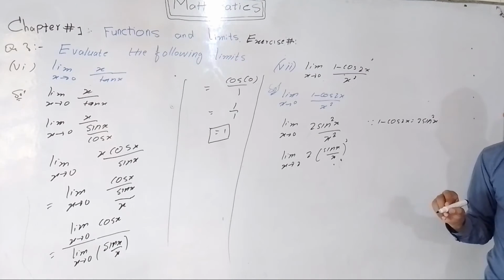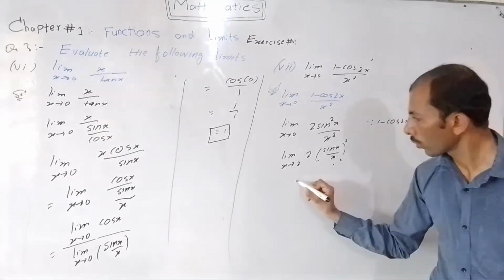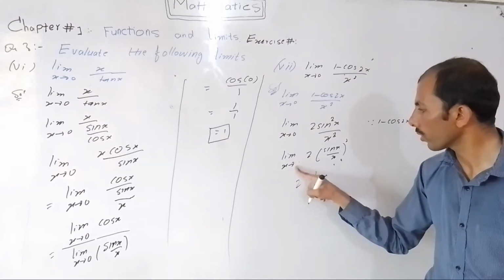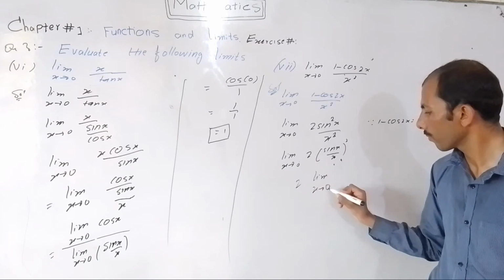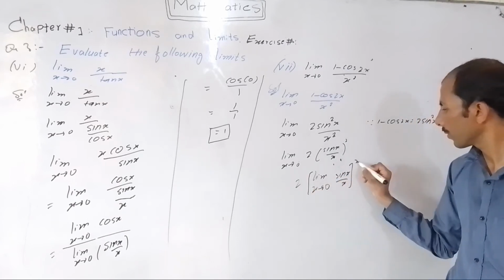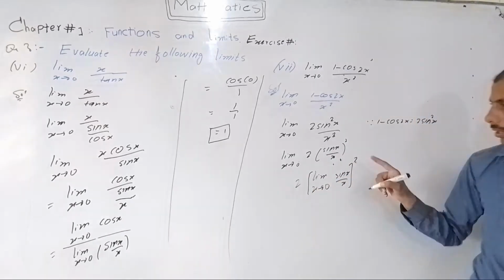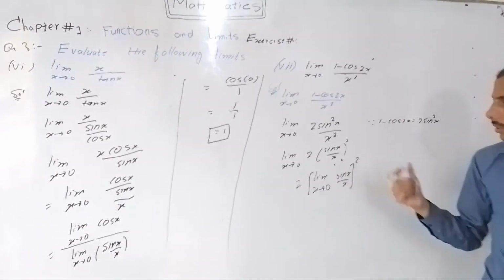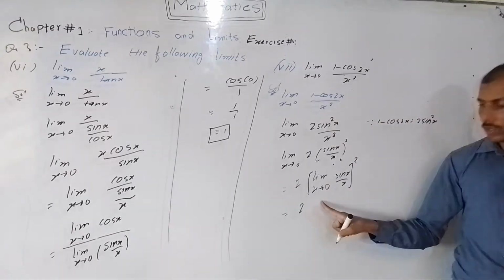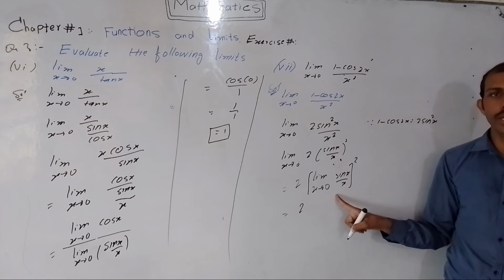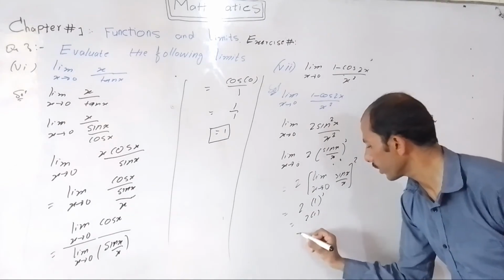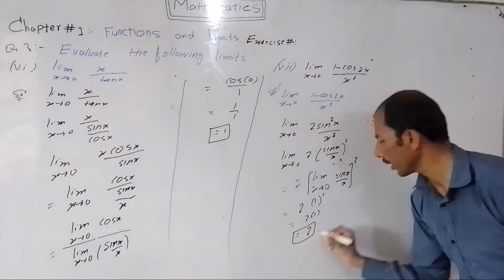So it can be written as 2 into limit x approaches 0 sin x divided by x whole square, which is equal to 2 into 1 whole square. 2 into 1 is equal to 2, which is the required solution.